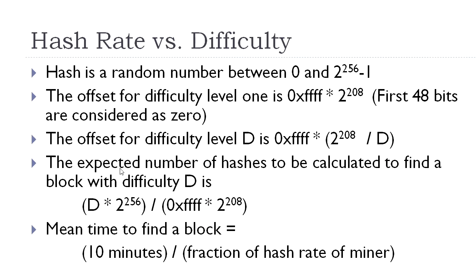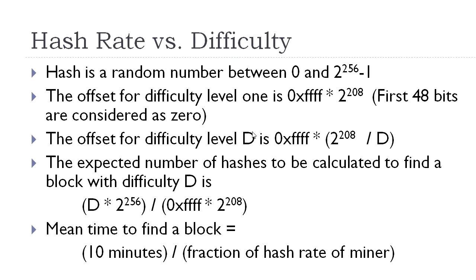So the first 48 bits. So 0xFFFF means the possible values are all ones times 2 power 208. The first 48 bits are 0, so that is the reason 48 bits are deducted from the 256, and you get 208 here.